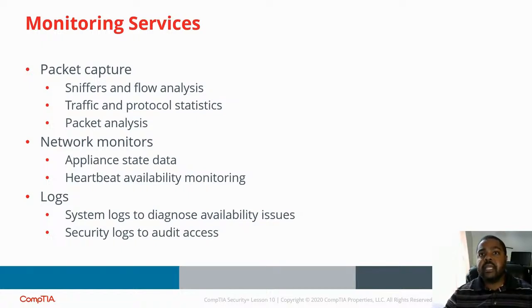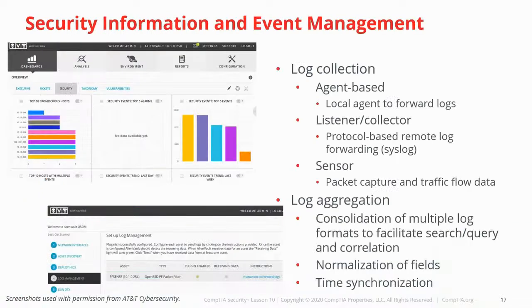Having the proper logs set up and having someone look over those logs is important, because logs are only good if we're actually looking at them to see what's going on in our network. So having these services is a must, and it helps us prevent attacks from happening.